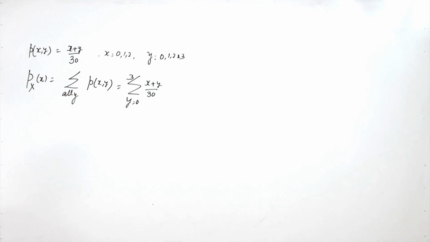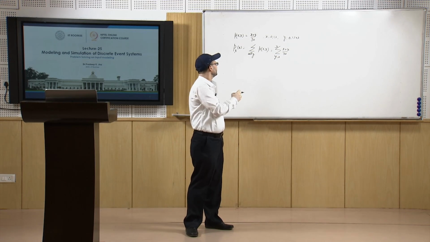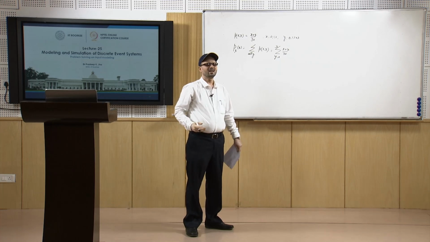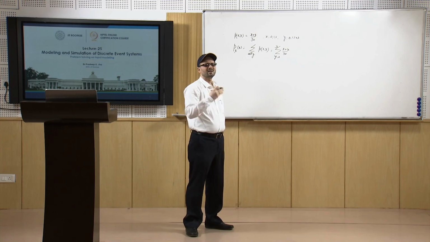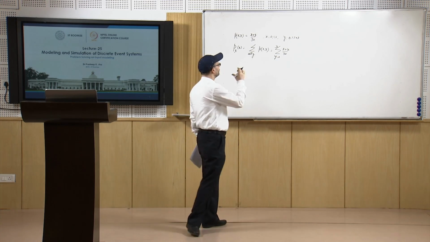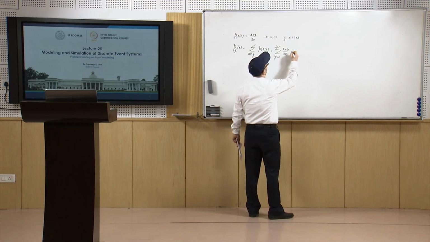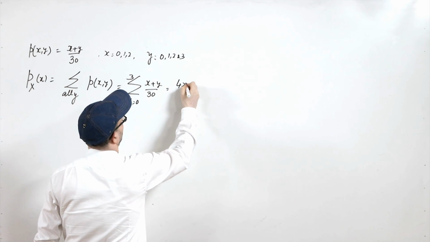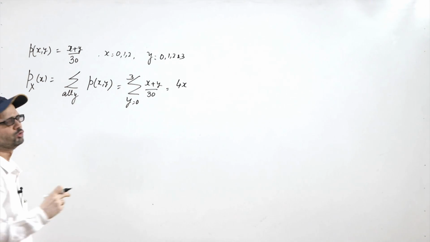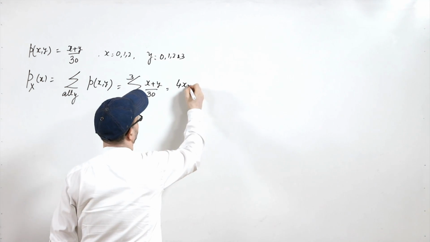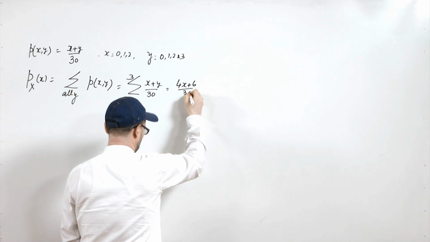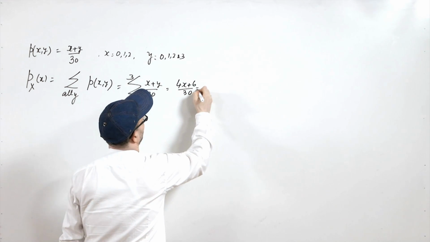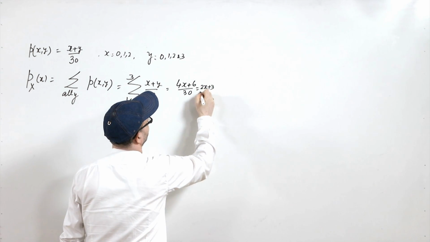That is (x plus 0) by 30 plus (x plus 1) by 30 plus (x plus 2) by 30 plus (x plus 3) by 30. You have 4 terms, so it is 4x, and then 1 plus 2 plus 3 gives 6, all by 30. So pX(x) is equal to (2x plus 3) by 15.